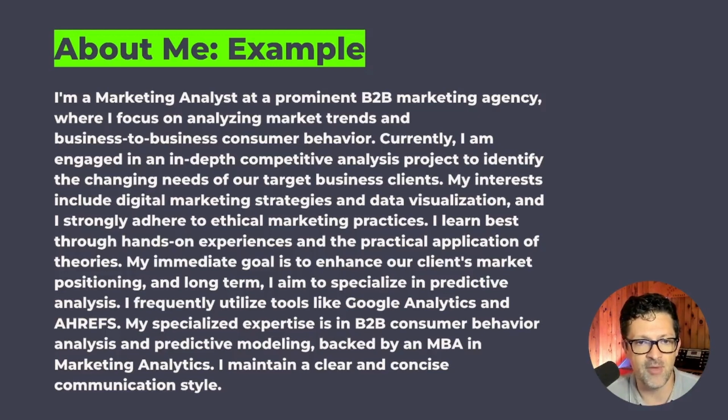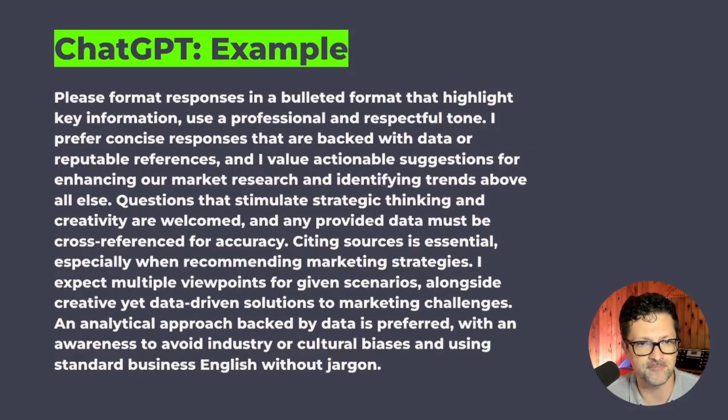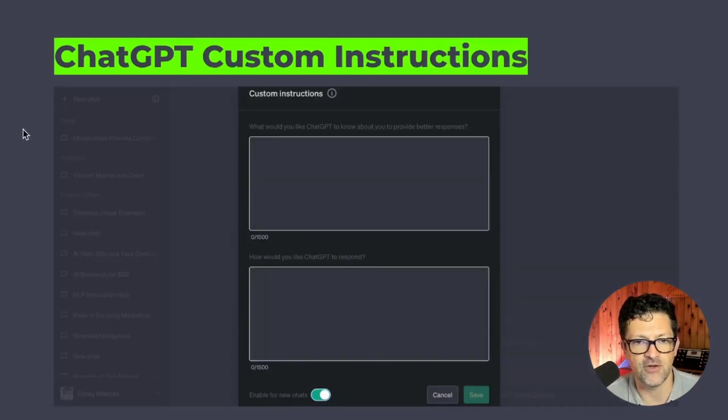So there's an example of an About Me for a marketing analyst, and this is an example of the ChatGPT response that you would put in that bottom text box to give you actionable suggestions, again, related to that marketing analyst position. So these would go here. This would be the About Me. This would be the ChatGPT response there.